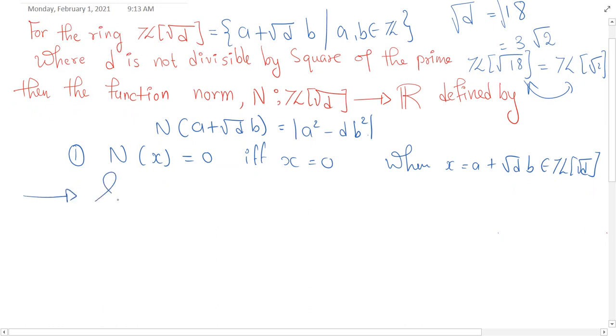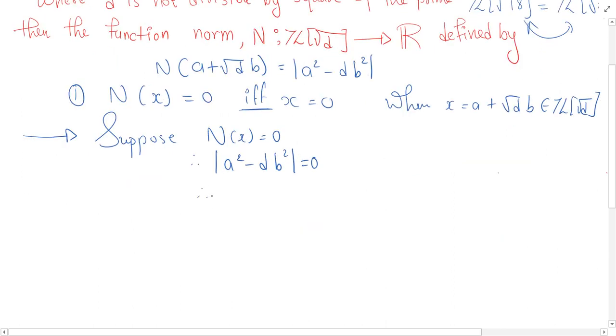Since I need to prove an if and only if, suppose one part: suppose N(x) = 0. That means |a² - d·b²| = 0. We know that the modulus of something is 0 if and only if that something is 0. That means the number a² - d·b² must be 0.